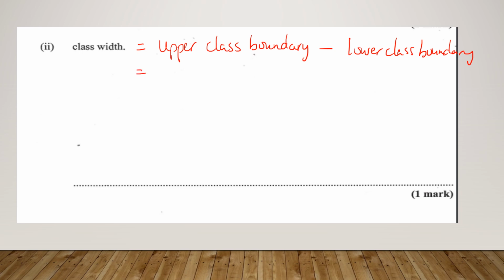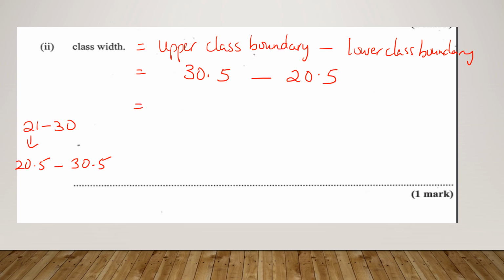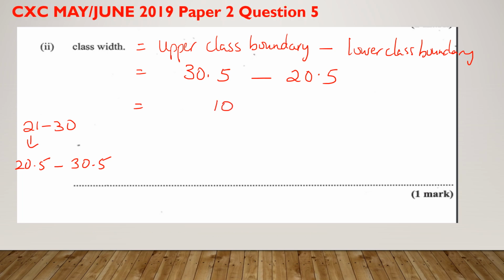We have 21 to 30, and it was 20.5 to 30.5, so we get 30.5 minus 20.5, and that is going to give us 10. So the answer is 10.